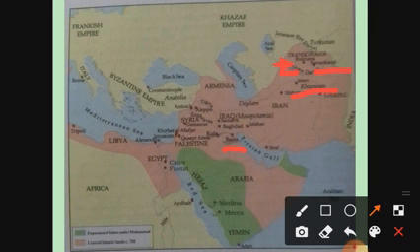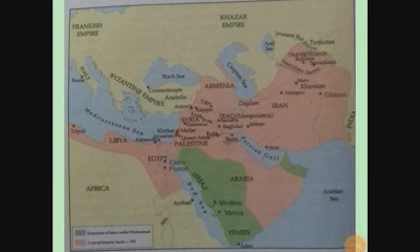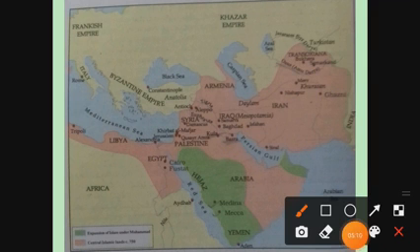And the last one is Kufa. It is here, near to Basra. This one. Here is Basra, then Kufa, then Khurasan, Samarkand, and then Bukhara. So these are important places related with the Islamic dynasties.